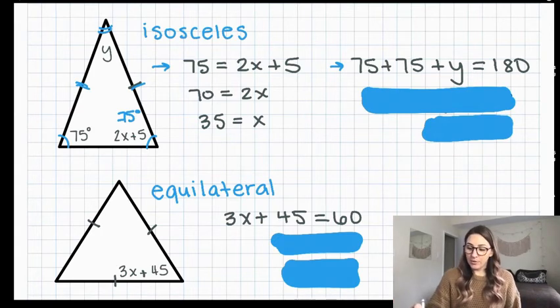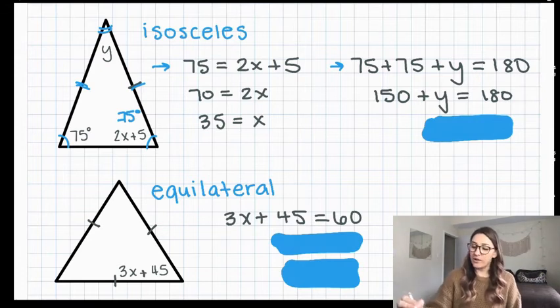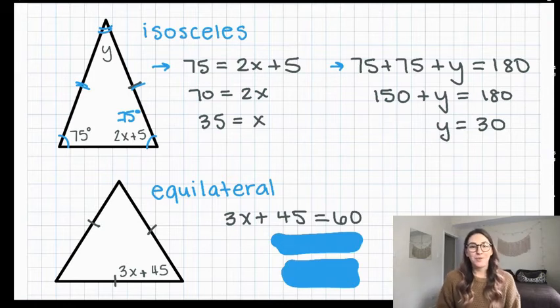You gather up your like terms, the 75 and the 75, to leave us with 150 plus y equals 180. And then you can subtract the 150 from both sides to get the y by itself, and we would get y equals 30. And again, you can plug that back in to check and see if it makes sense. Make sure those three angles add up to 180 and be positive that you solved that equation correctly.